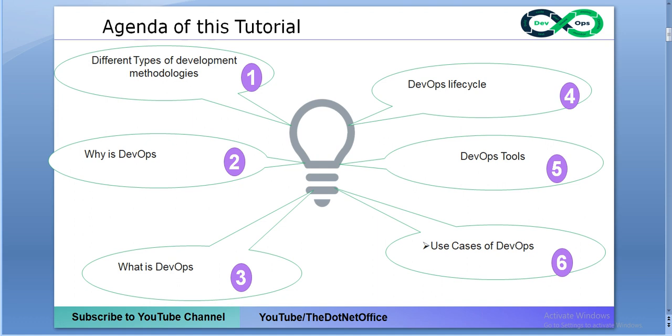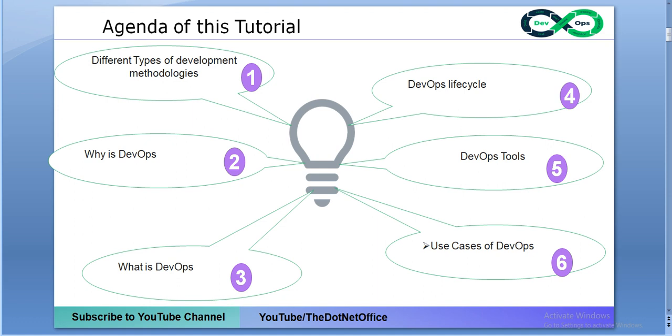So basically the agenda of this tutorial is, we will see what all the development methodologies are, and then why we use DevOps, why it came into the market, and what DevOps is.